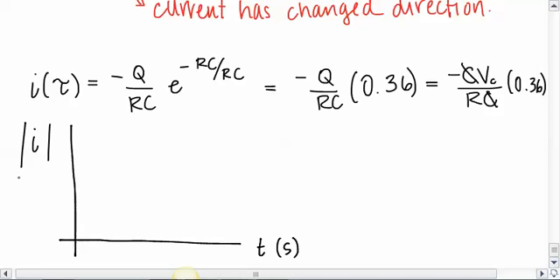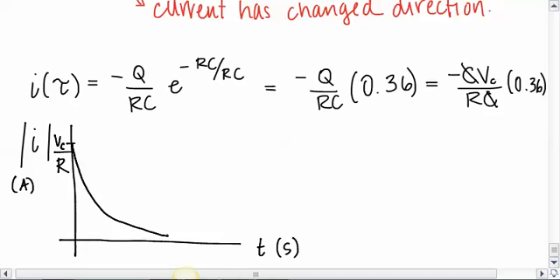So what's our current going to start out as? Well, e to the 0 is 1, so we're going to start out at whatever the voltage over the capacitor divided by the resistor is. And then what does e to the negative x look like?